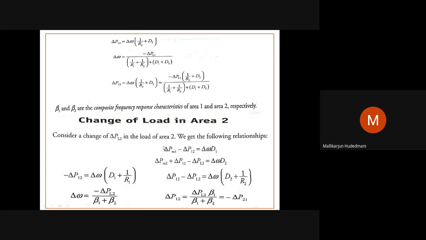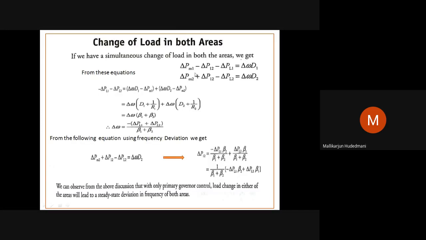That's the energy balance equation I am speaking about. When both the areas suffer a change in load, delta PL1 in area 1 and delta PL2 in area 2, similarly the other equation is delta PM2 plus delta P12 minus delta PL2 equal to delta omega into D2.